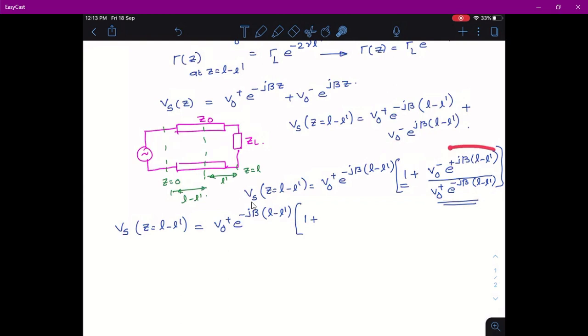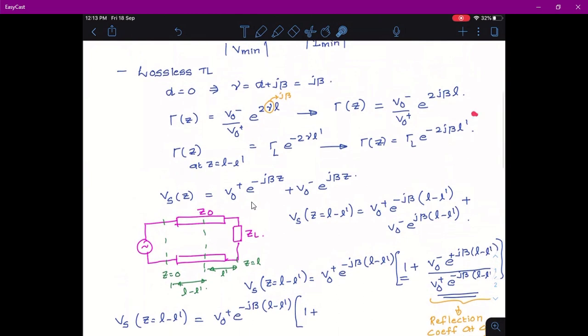So, this is actually a reflection coefficient at any point L dash from the load. We have already seen that expression.